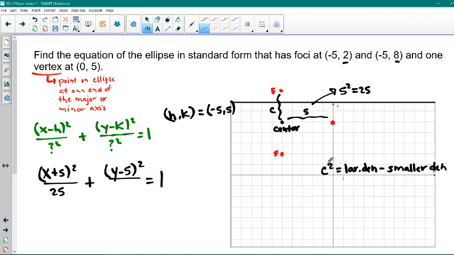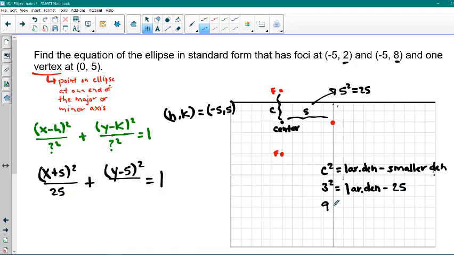If c is the distance from the center to the focus, we can see that that's 1, 2, 3 steps away. 3 squared is equal to the larger denominator, which is the one we are looking for, because remember the foci are in the same direction as the major axis. They're up and down. That's what we're looking for. So I'm just going to put larger denominator, minus the smaller denominator, which is 25.